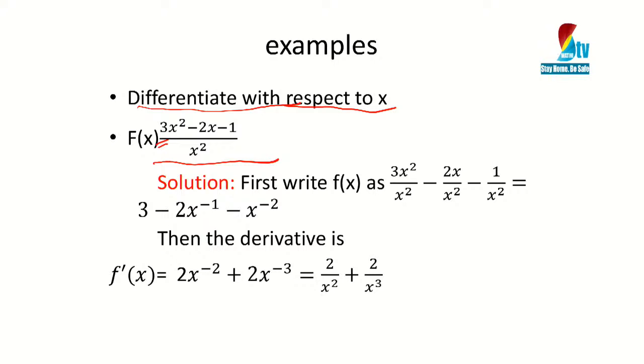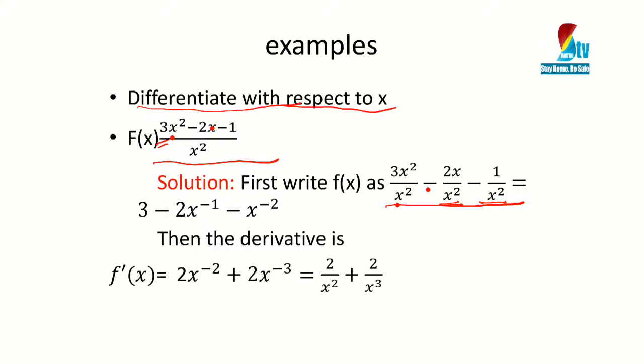In this case, we first have to rewrite this as individual fractions, because when they're individual fractions, we are then going to be able to write them as powers of x in index form. So this is the same as 3x squared over x squared minus 2x over x squared minus 1 over x squared.